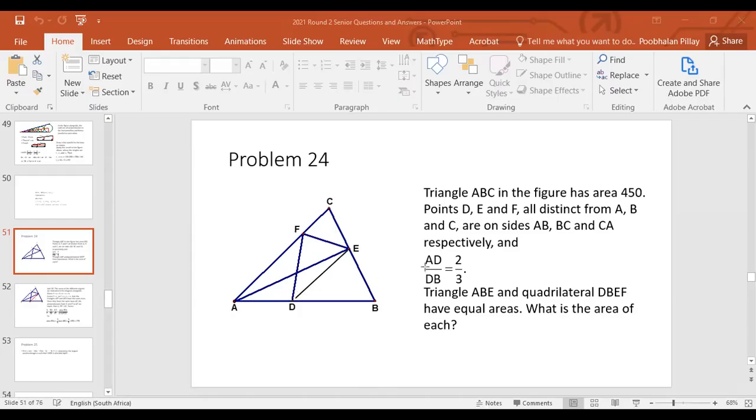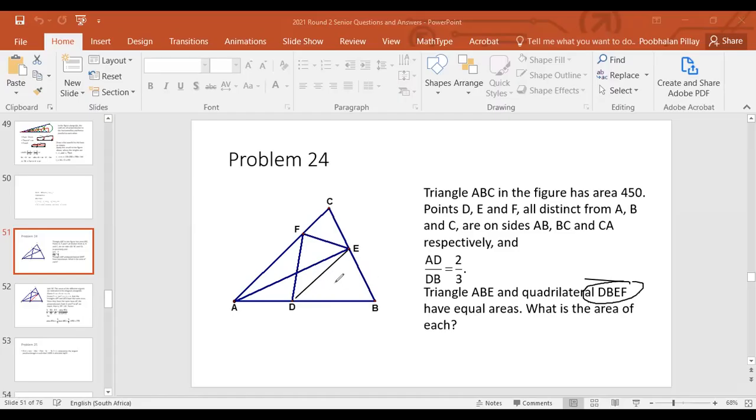Now I've got this entire triangle split into triangles, right? And the quadrilateral under investigation, this one here, is the sum of two triangles here.